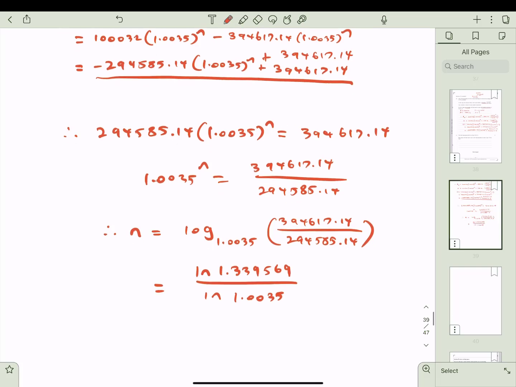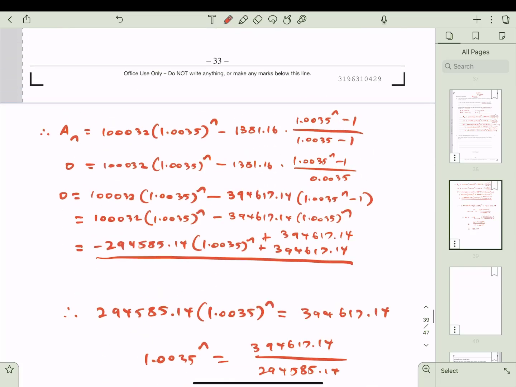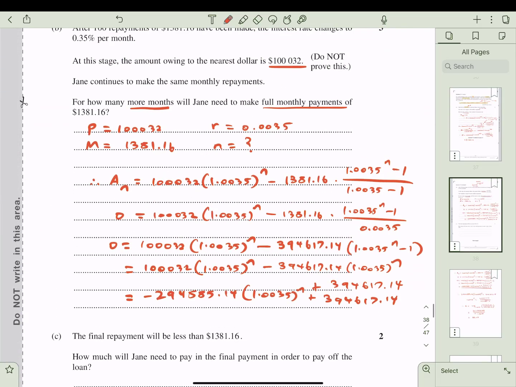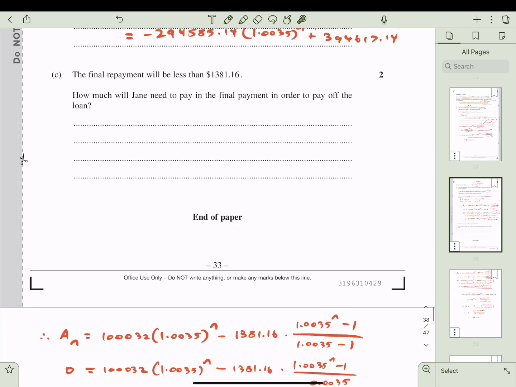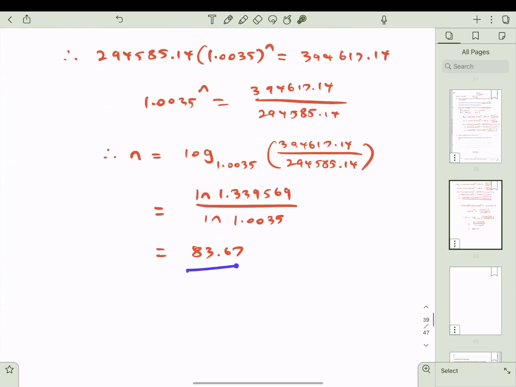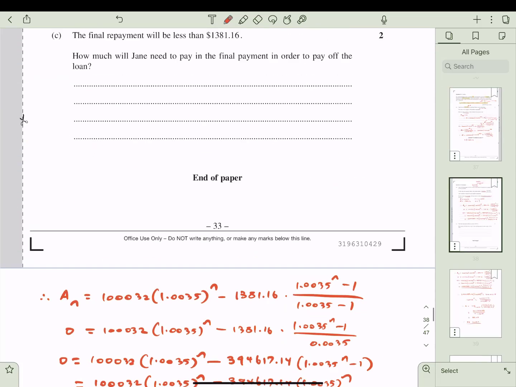So this is the change of base law. And that's equal to 83.67. Now the question asks us, however, for how many full months or full monthly repayments. So instead of rounding up, we actually should be rounding down because we're asked for full months. So therefore, my answer is actually meant to be 83 months for part B. Okay, so rounding down because we are asked for complete monthly repayments.